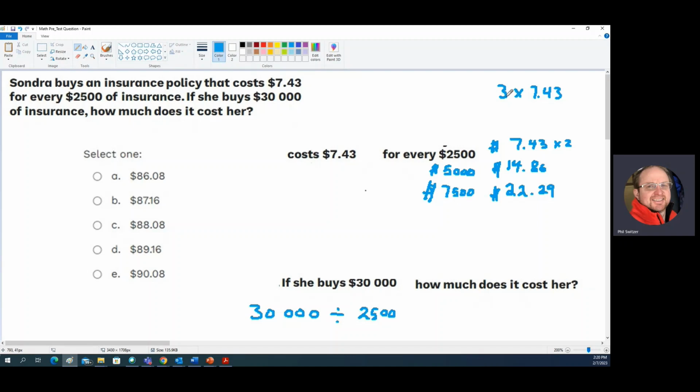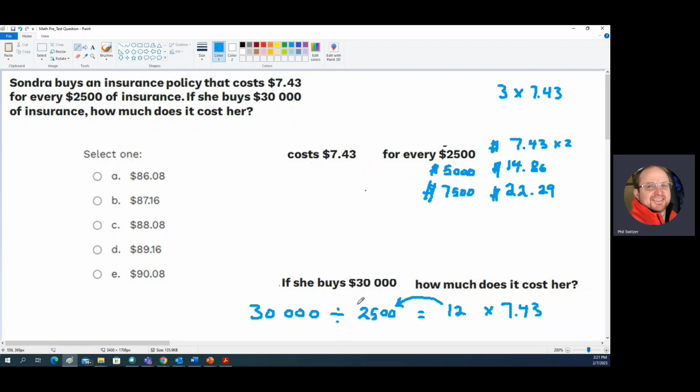And that's why we had to go 3 times 7.43, and that's why that much insurance would cost $22.29. But she wants more than 7,500. She wants $30,000 of insurance. If we divide this, and go ahead and put it in your calculator, you get 12. And we know that we're just going to multiply that now by 7.43.